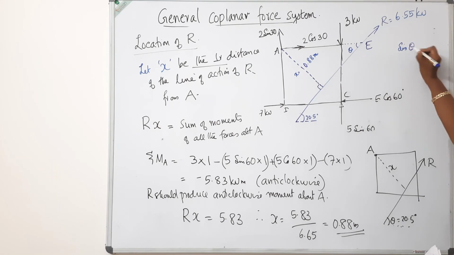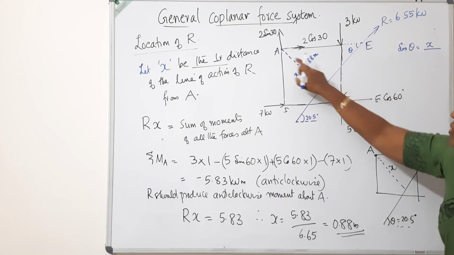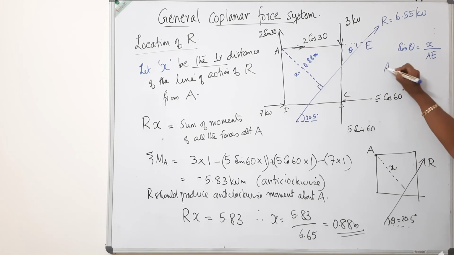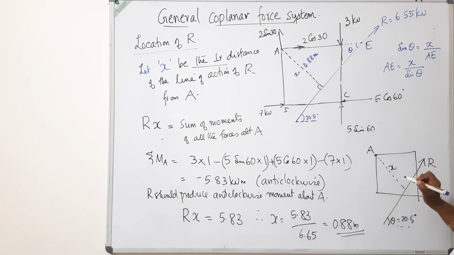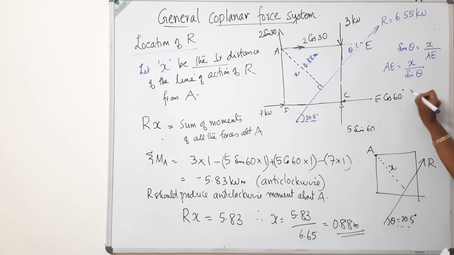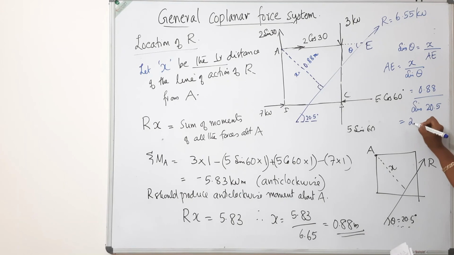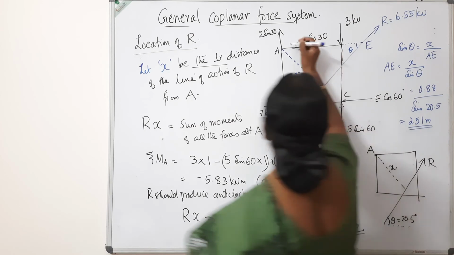Sin theta is equal to X divided by AE, where AE is the hypotenuse, or AE is equal to X by sin theta, or I can write it as 0.88 divided by sin 20.5, it works out to 2.51 meter.